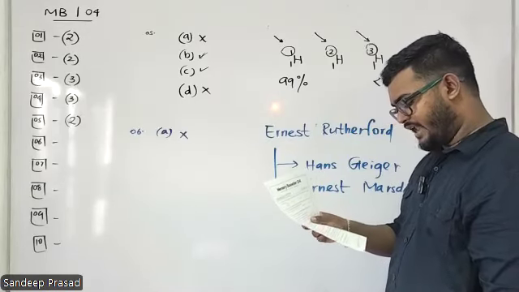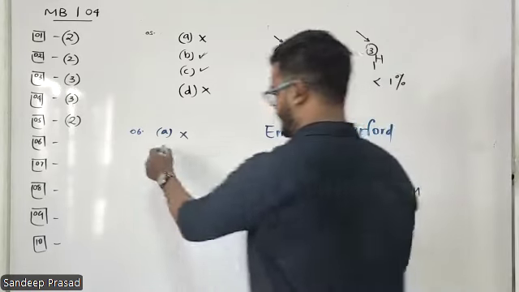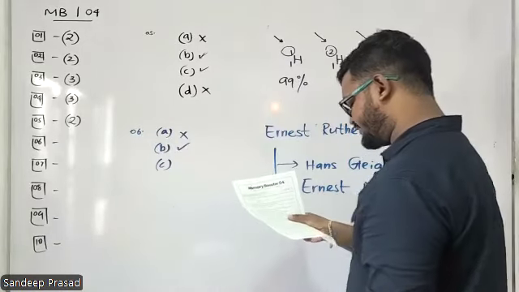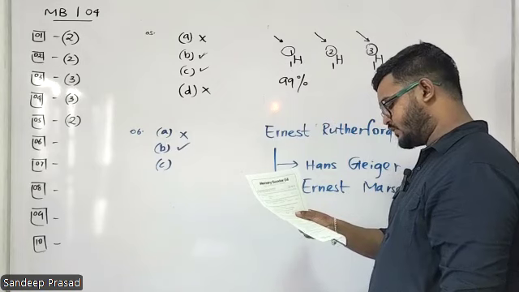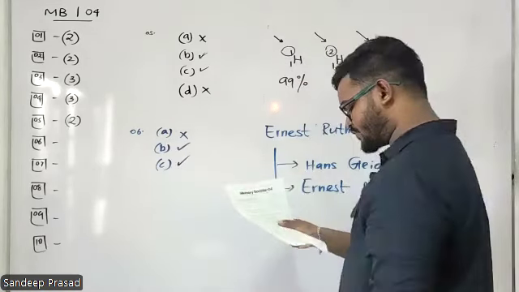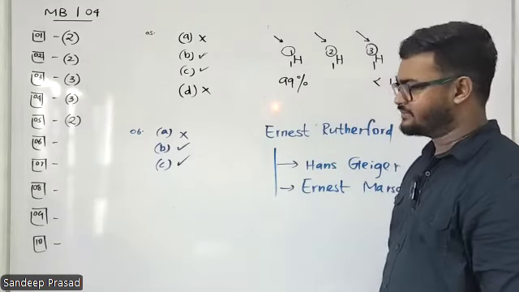B: Most of the bombarded alpha particles penetrate through the gold foil without any reflection. That's correct. C: Positive charge of the atom is considered to be in a dense central core according to this experiment. That's also correct. D: In this experiment, sodium metal can be used instead of gold. No, sodium cannot be used.